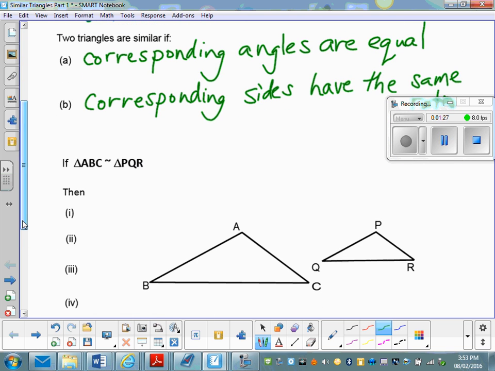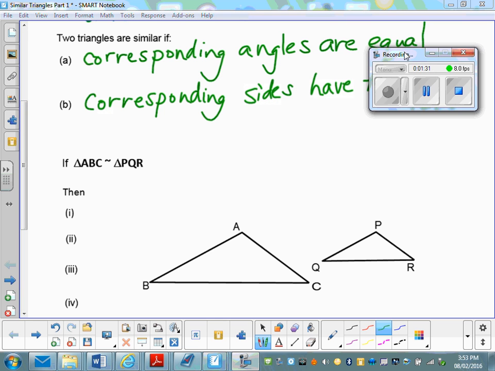Okay, a little bit more about the notation with similar triangles here. We'll just make a note here. So here it says, if triangle ABC, and that symbol, that wavy line, means is similar to triangle PQR, then we know some things.